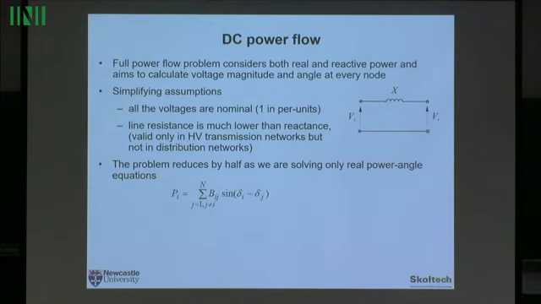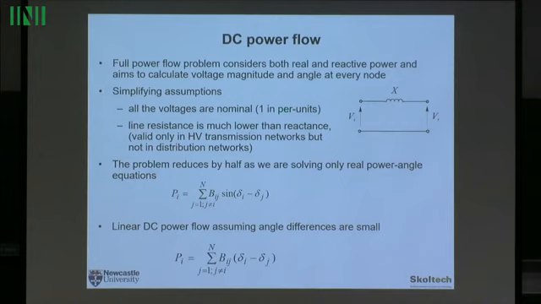If you do the simplifications on the equations which I've done before, we have this simple form, which is the same as before. You remember, before it was sine of delta i minus delta j divided by x. B is 1 over x, so it's the same thing. So this is the nonlinear DC power flow model. If we assume that the angle differences are small, of course we get the linear model, which is quite often used in analysis.